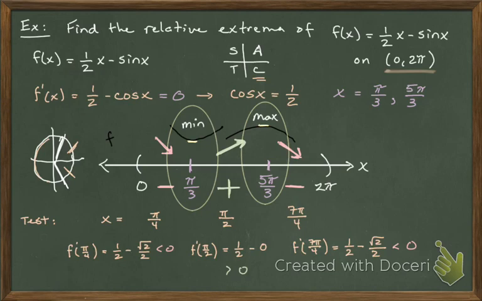So for this function here, 1/2 x minus sine x, because of the signs of the derivative of that function, where the slopes are negative and positive and where they change sign, I can extract where my function has a relative max or min. And we can do this with any function. So the process is basically this: I'm looking for intervals where my function is increasing or decreasing, where my derivative changes sign, or where my function changes from decreasing to increasing, or vice versa.